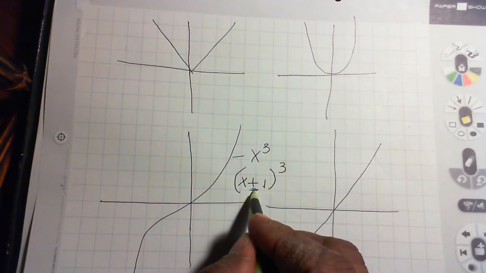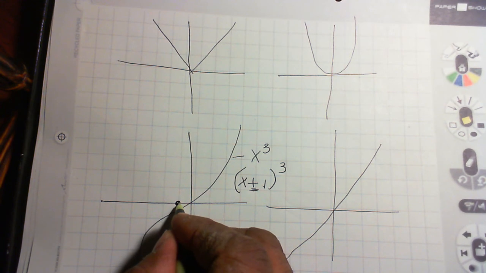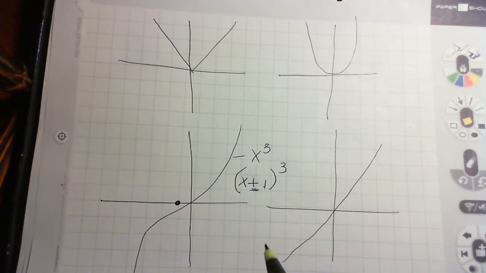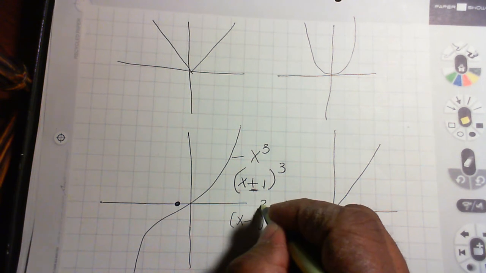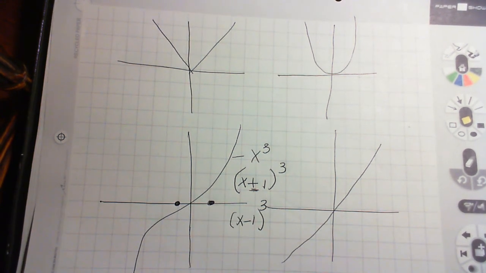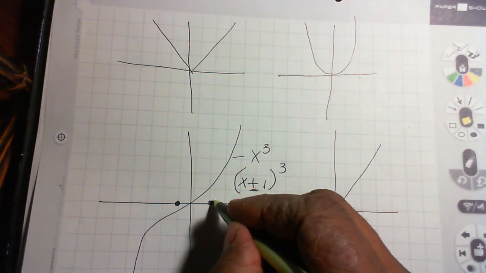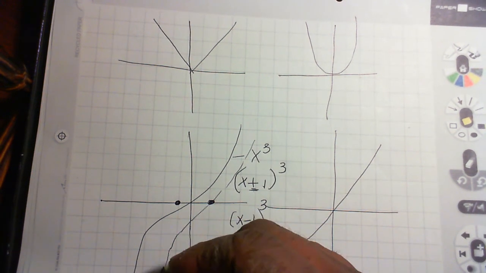You're moving it to the left, to the point negative 1. As opposed to if you have x minus 1 cubed, you're moving it to the right to the point 1. Okay, this is a little confusing, so you have to be careful with that. So if I move it here, I will get this graph.